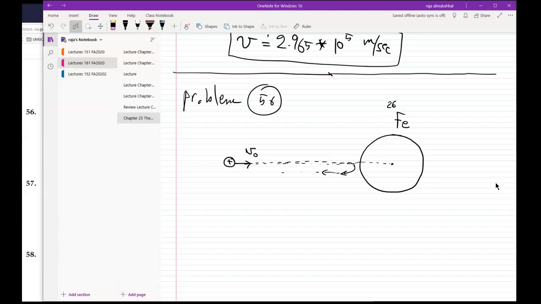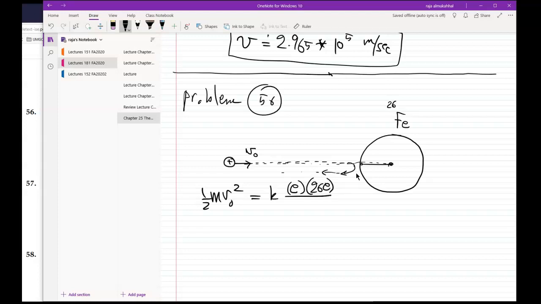From far away, that means the total energy here is just 1/2 mv0 squared. At the distance of closest approach right here, what would it be? Well, it's all potential because it's going to stop and then rebound. There's no kinetic. It's all potential. So in this case, it's going to be k times e, the charge of the proton, times 26e, the charge of the iron nucleus, divided by how far they are from each other.